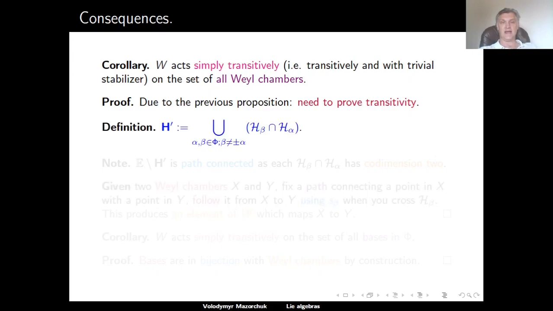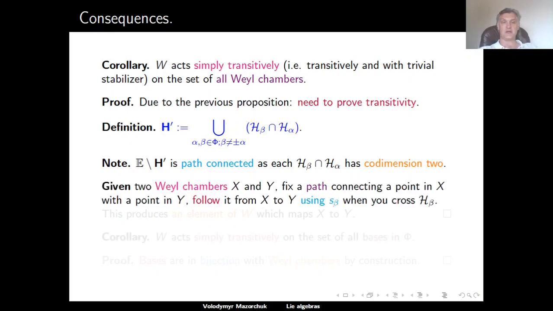So denote by H prime the union of intersections of different hyperplanes H alpha and H beta. Note that each such intersection is a codimension 2 subspace of E. The complement of a union of a finite number of codimension 2 subspaces must be path connected.